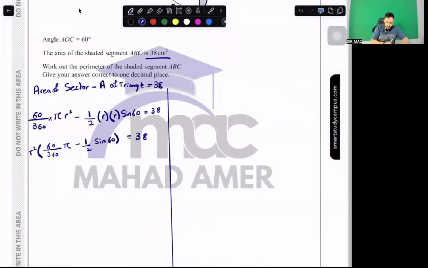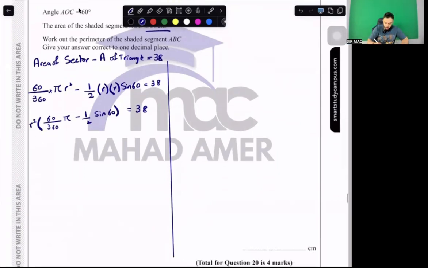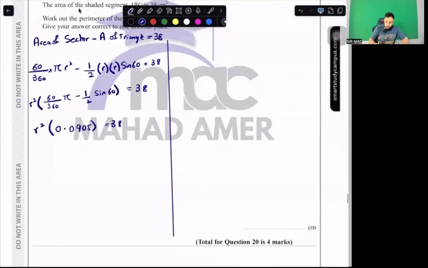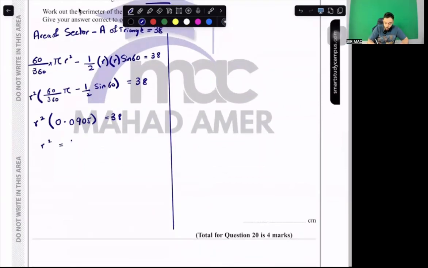So 60 over 360 times pi, and then minus 1 over 2 times sine 60. I got r squared times 0.0905 equals 38. So 38 divided by the value that I got, r squared is 419.49.